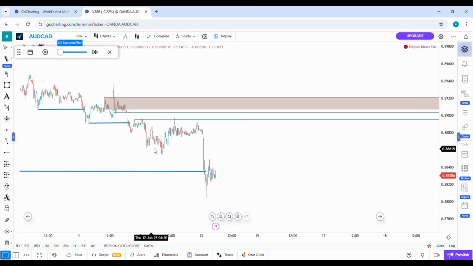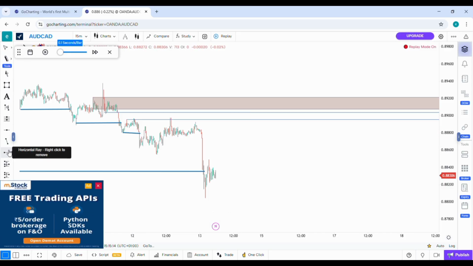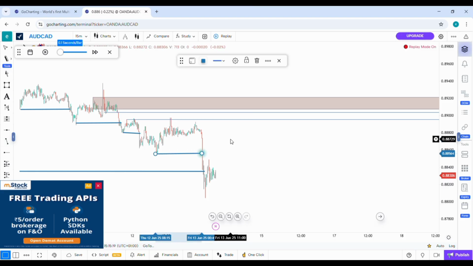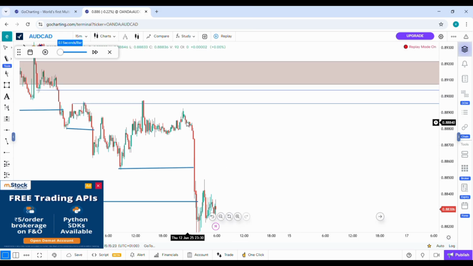And again, this is a break of structure. So you can see we are buying, we are selling, we are breaking structures to the sell side, breaking structure to the sell side. This is also a new break of structure over here, a recent break of structure over here. And some of you guys might just start buying from this particular area, marking this place as our order block, and start buying and selling from this particular side.